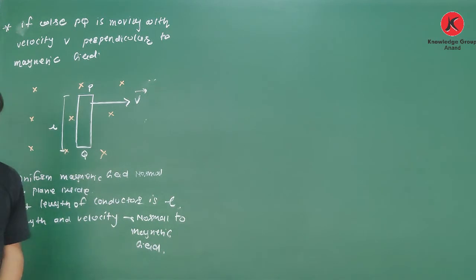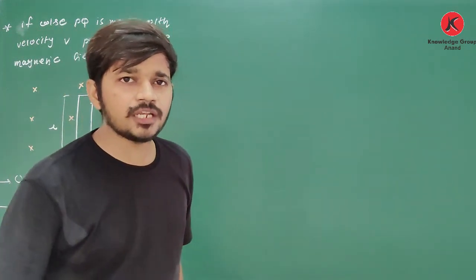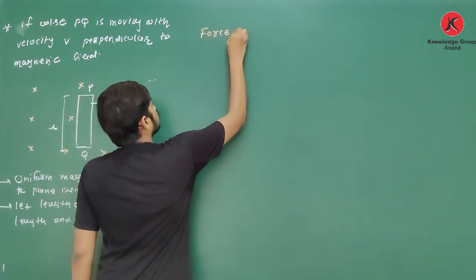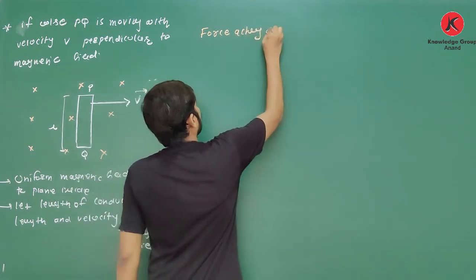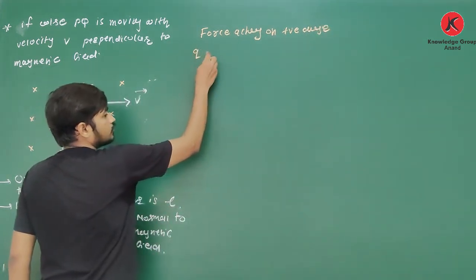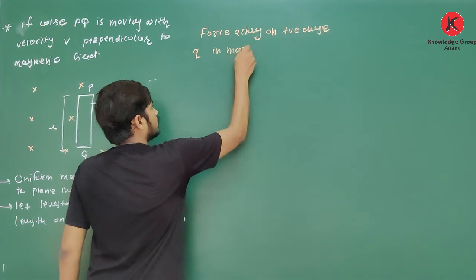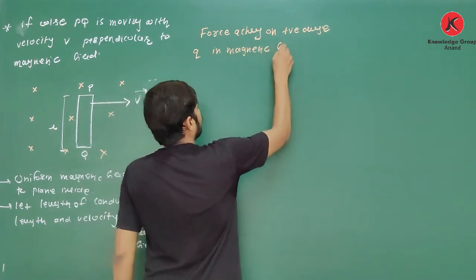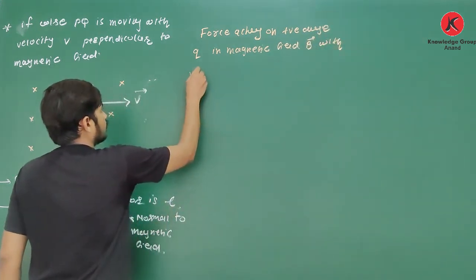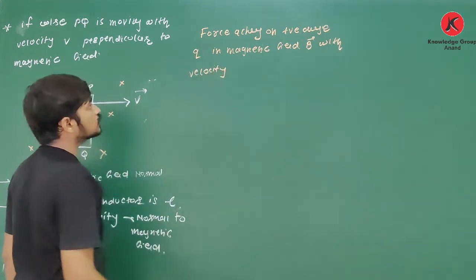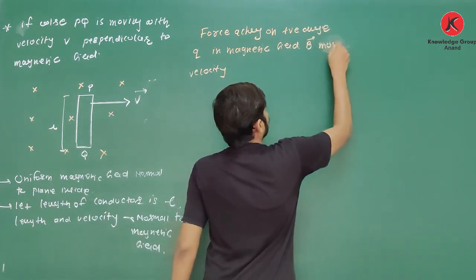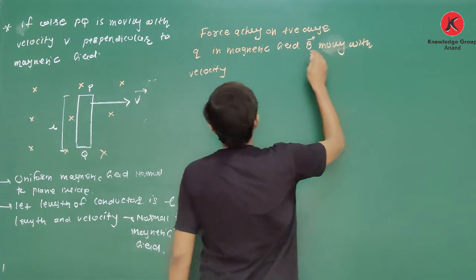Then what is the force acting on a charge moving with velocity v in magnetic field B? See, the force acting on a positive charge q in magnetic field B, moving with velocity v.